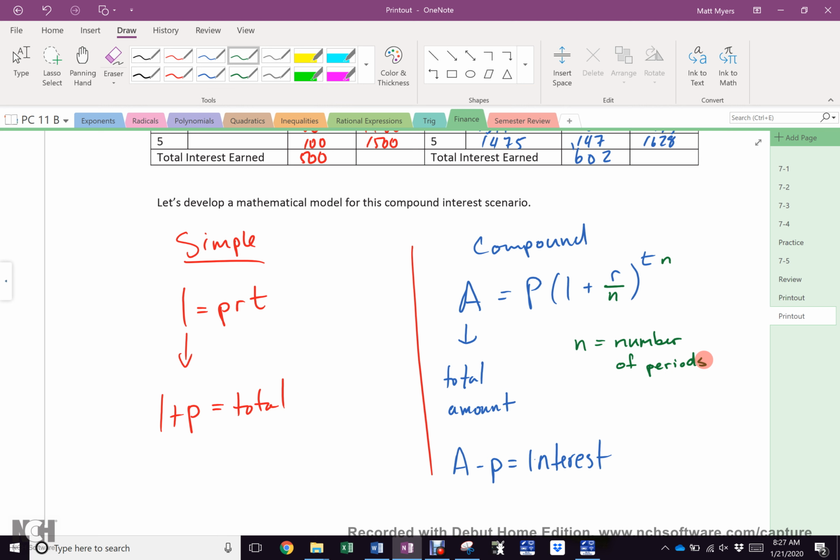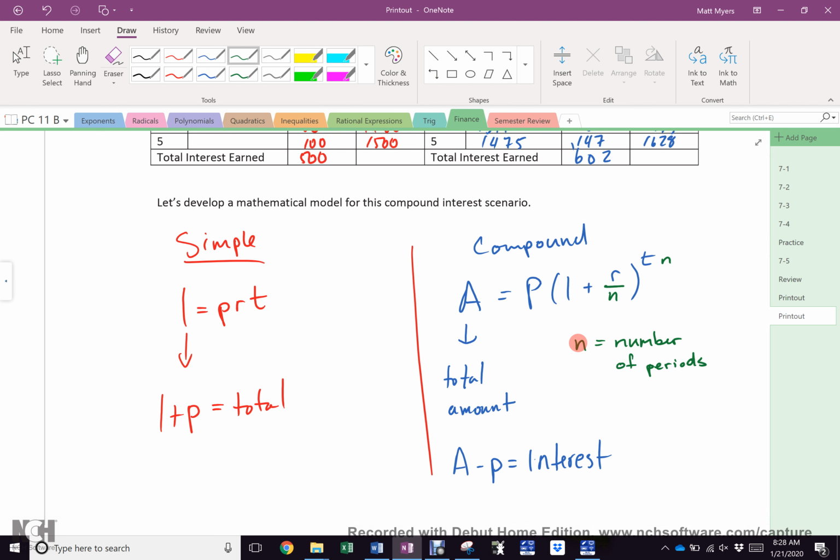Some investments and some loans, you pay your interest more than once in a year. You could pay it daily, which means N would be 365, because it's 365 days in a year.